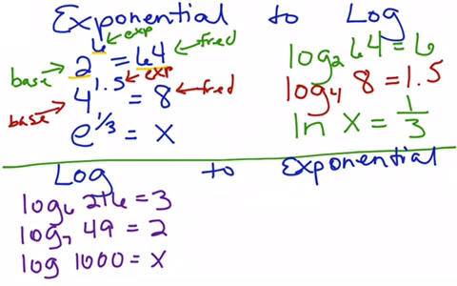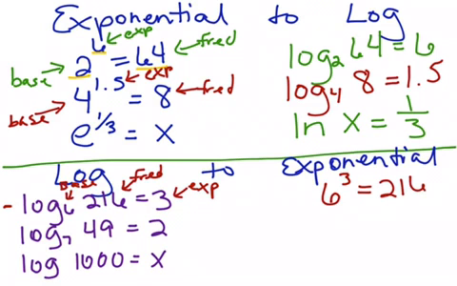Now we are going to go from log to exponential form. We're going to start with our first one, log base 6 of 216 equals 3. I've got my base here, I've got Fred here, and I've got my exponent here. So I'm going to write this as 6, my base, raised to my exponent of 3, equals Fred, 216.